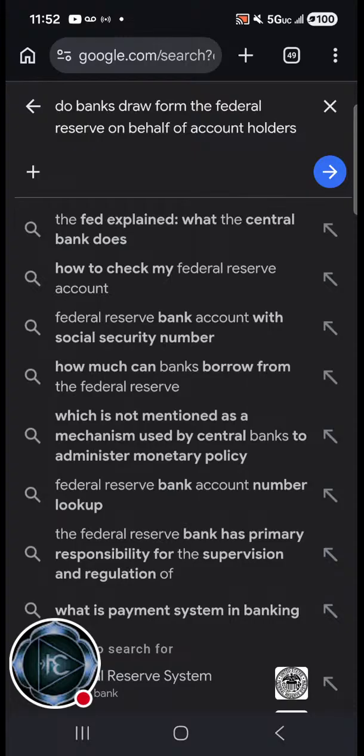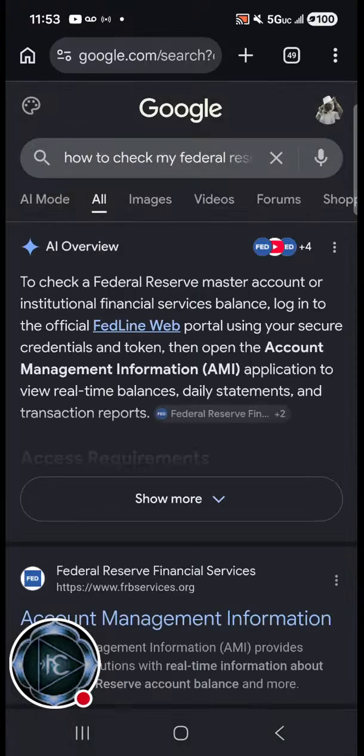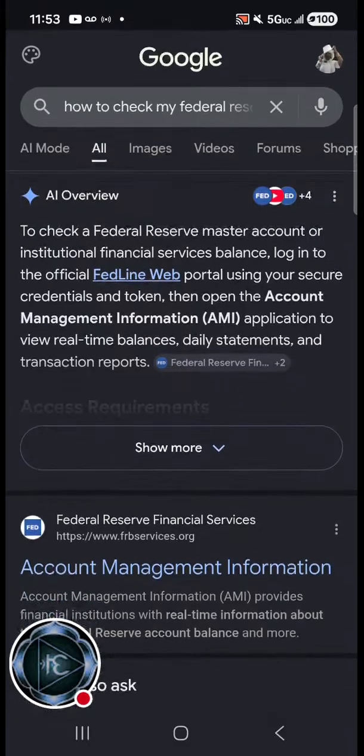How to check my Federal Reserve account. Now, why would you think you have a Federal Reserve account if you didn't set up one? Hold on, where did that come from? To check a Federal Reserve master account. You didn't ask about a master account, but it's giving the explanation of how to check a Federal Reserve master account or institutional financial services balance.